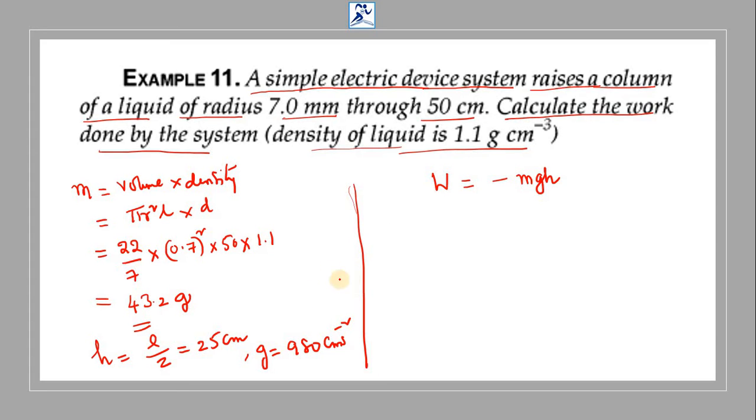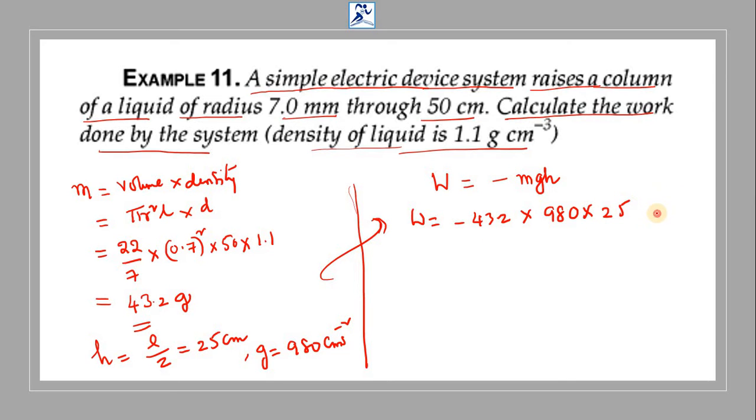So these things we will substitute in this formula. We will get W equals the mass value 43.2, and g value 980, h value 25.